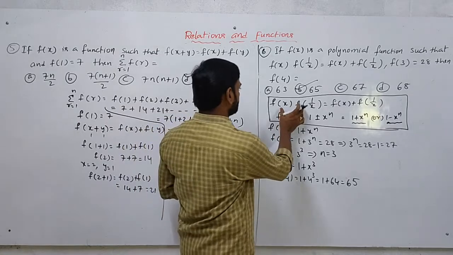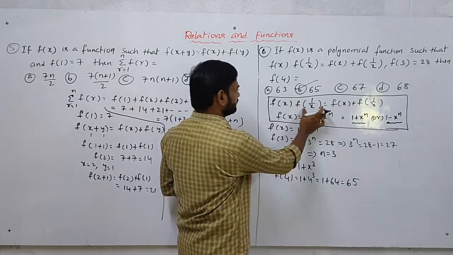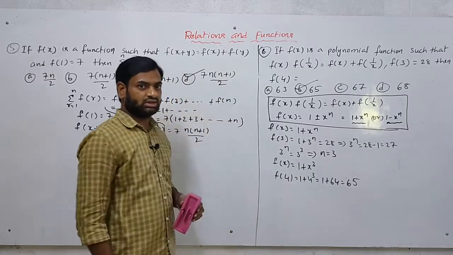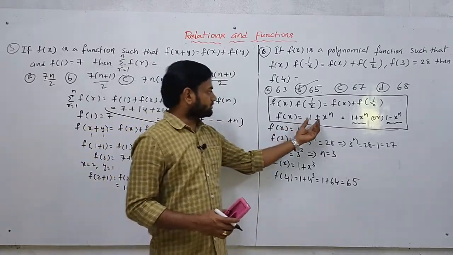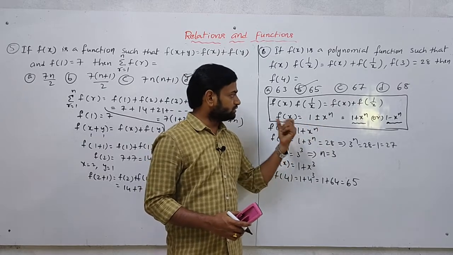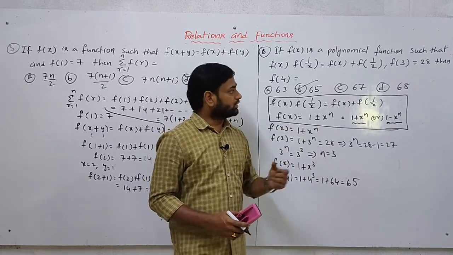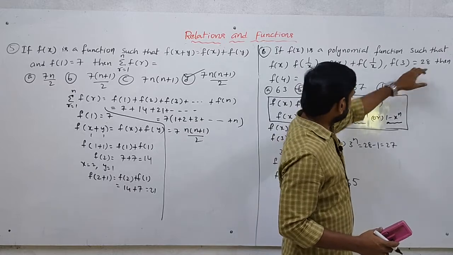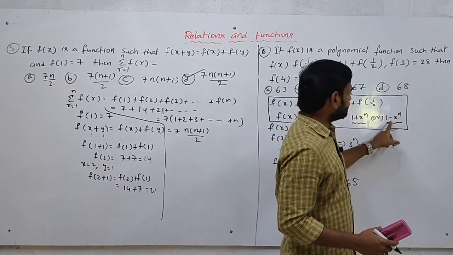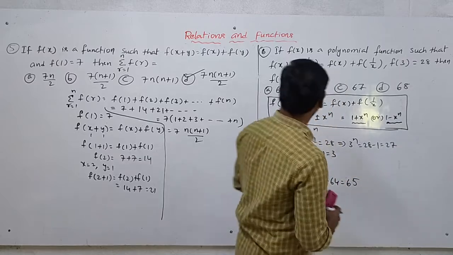What is the format we have here? f of x into f of 1 by x equal to f of x plus f of 1 by x. When we have this format, f of x equal to 1 plus or minus x power n. When it is the positive value, then it is 1 plus x power n. When we have negative value, 1 minus x power n.